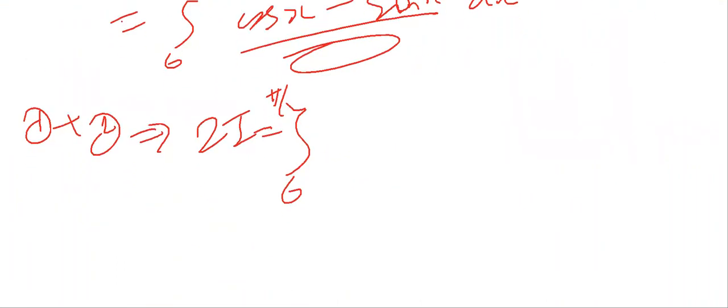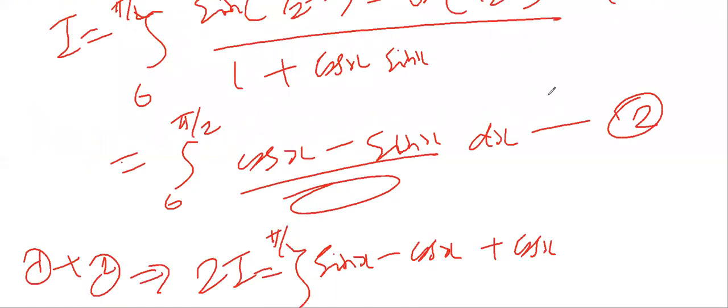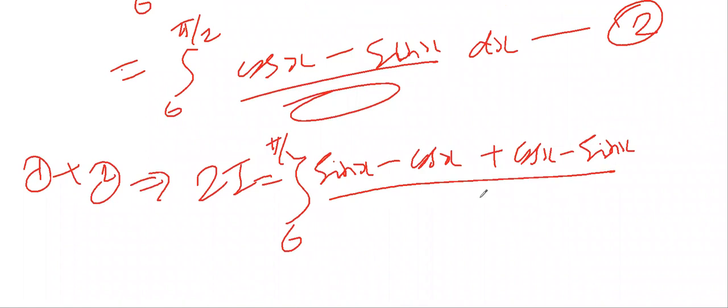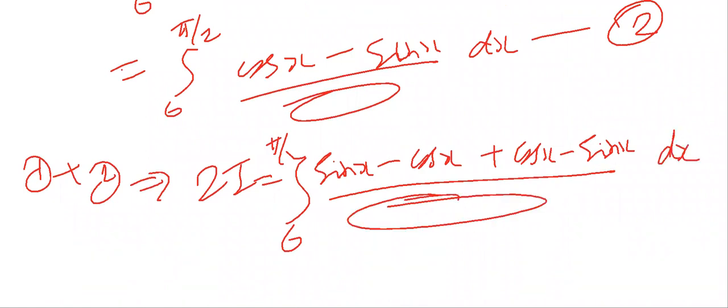So I will going to write first sin x minus cos x, and then plus cos x minus sin x. Denominator is same. Denominator is 1 plus sin x cos x only. So this denominator will remain same, and then dx.